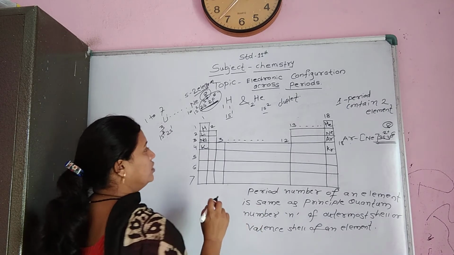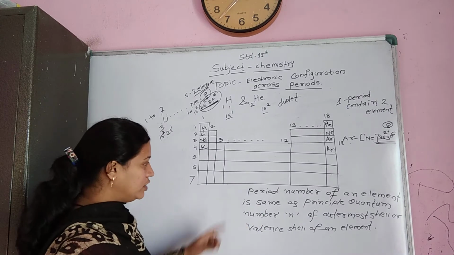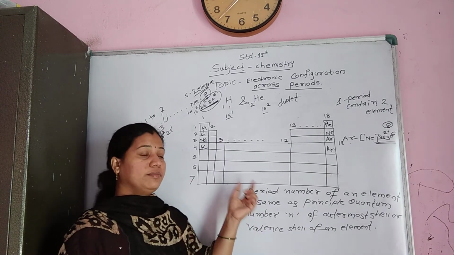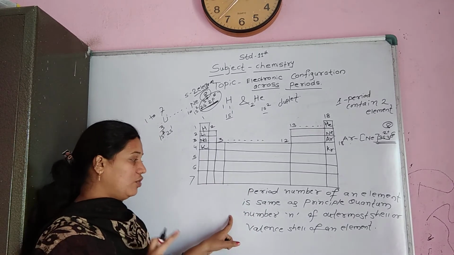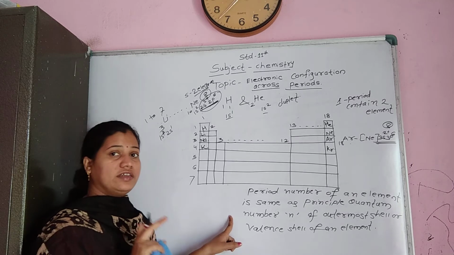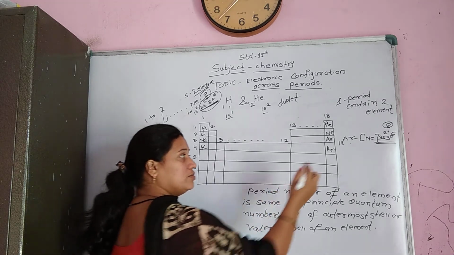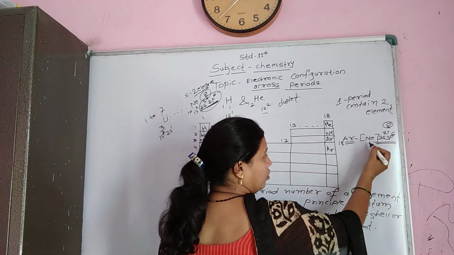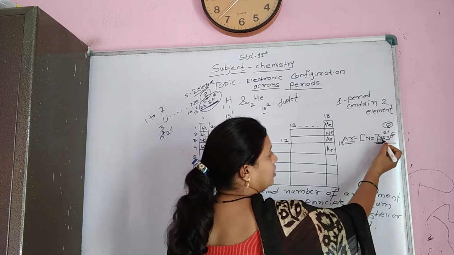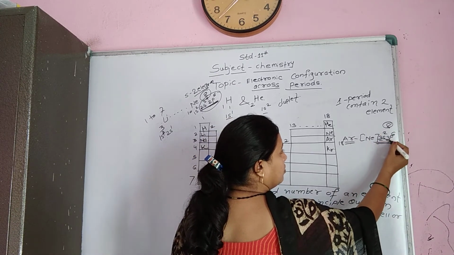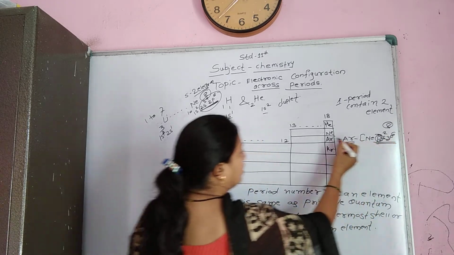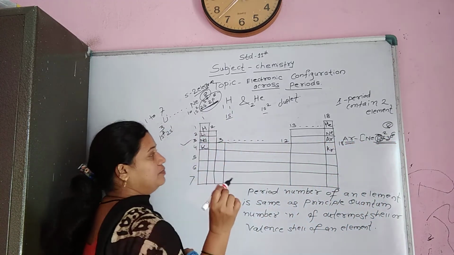As we know, the period number is the same as the principal quantum number of the outermost shell or valence shell of an element. When we observe the electronic configuration of argon, neon core 3s2 and 3p6, the principal quantum number of the valence shell is 3, so argon is present in the third period.